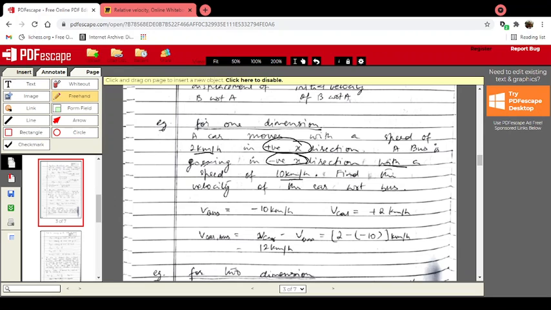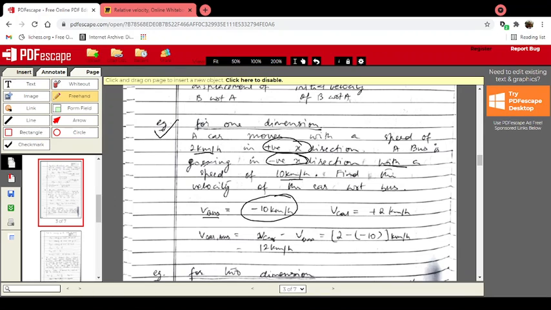So we are taking the case with respect to bus, it's going in negative x direction. So we have simply used the negative sign with the speed of the body to find the velocity of the bus. This is what we will do in the cases when the motion which we are studying in the question is constrained to one dimension.